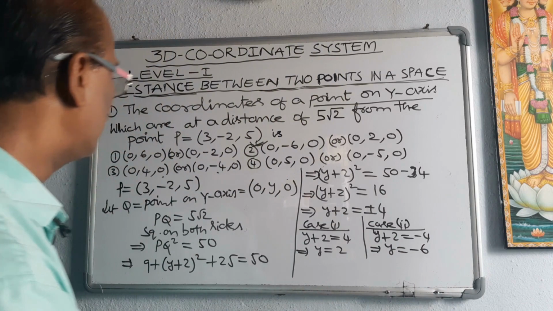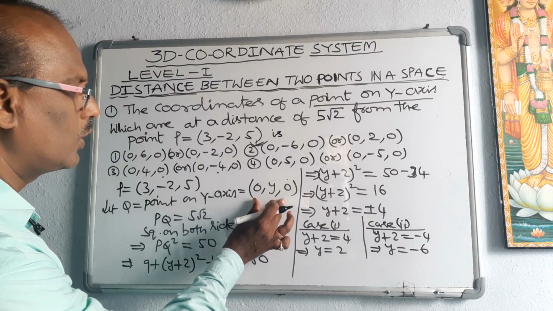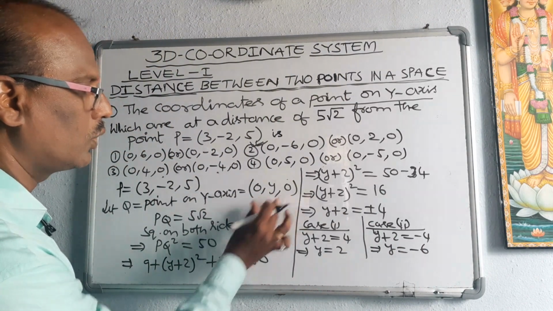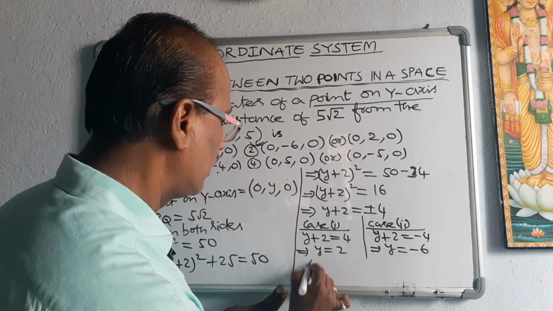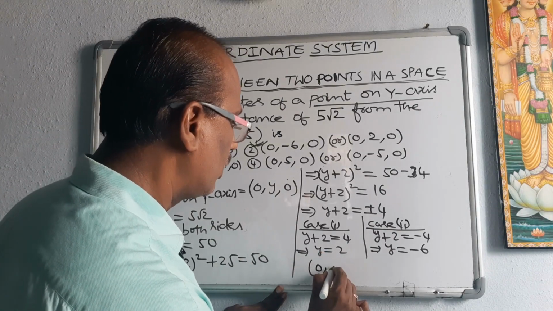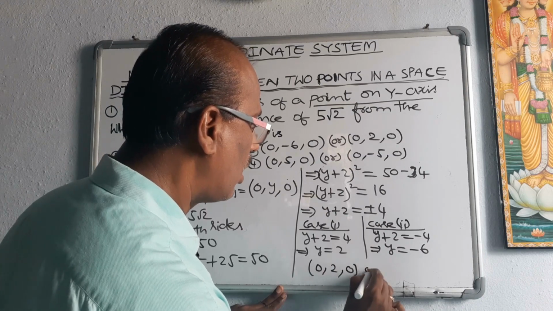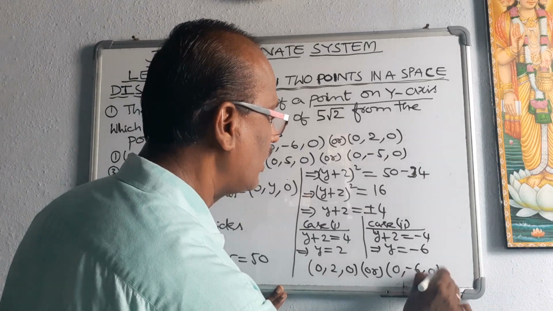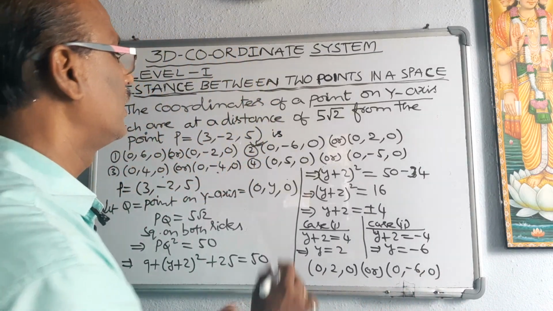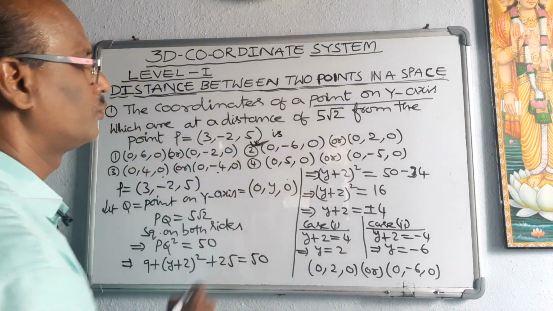The coordinates on the y-axis are (0, y, 0). Here the y value is 2 or minus 6. The coordinates of the points are (0, 2, 0) or (0, -6, 0). This is the answer. Here the option is 2.